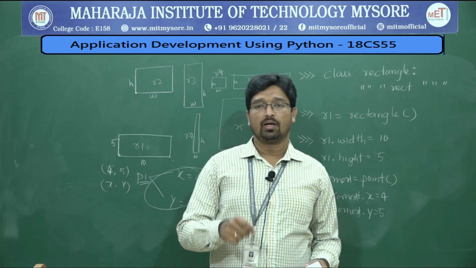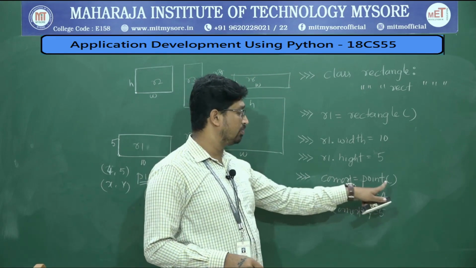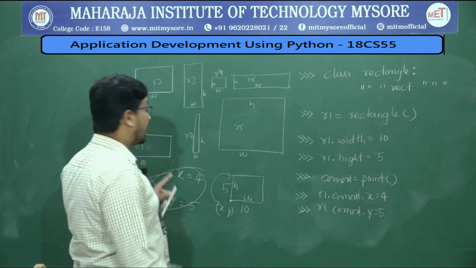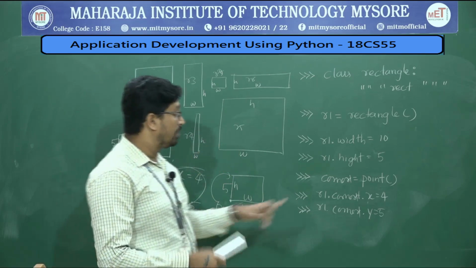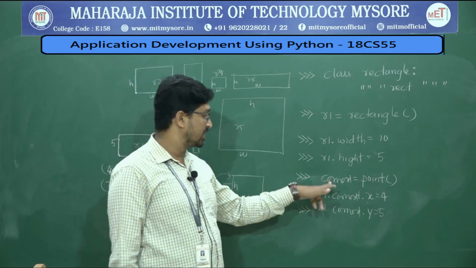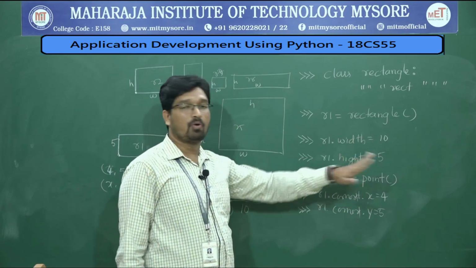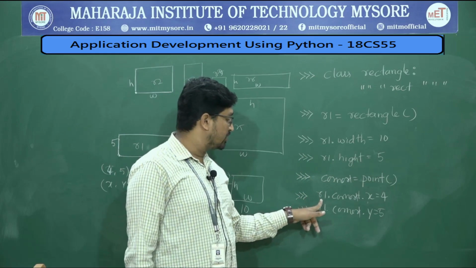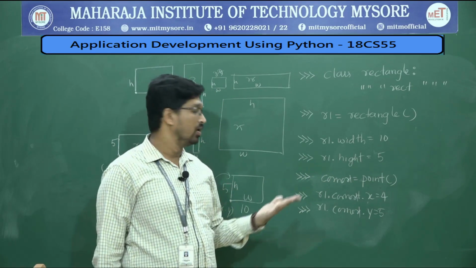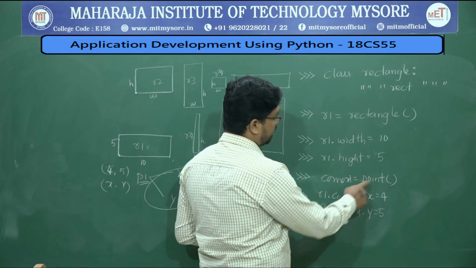Okay, here is a small mistake. When I say corner is equal to point, it becomes a corner object, but I need that corner object to be placed in the rectangle class. When I say corner dot point, which is fine, it belongs to the point class, but when I try to say R1 dot corner, which is not correct, because corner is of type point.